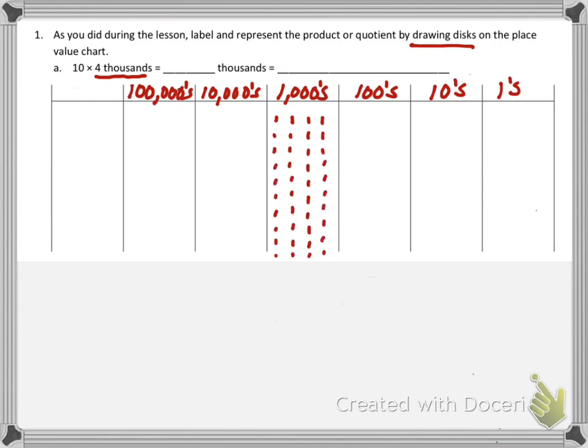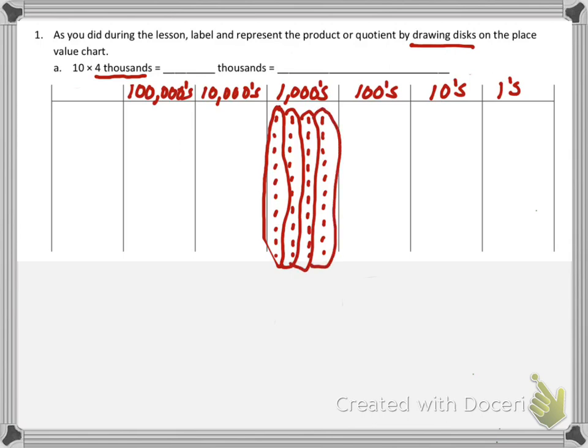We need to make 10 groups of this 4. So we're going to be able to cache these in. If we group this together, each one of these groups of 10 we can cache in over because we're multiplying by 10. And that means we're moving over to the left.